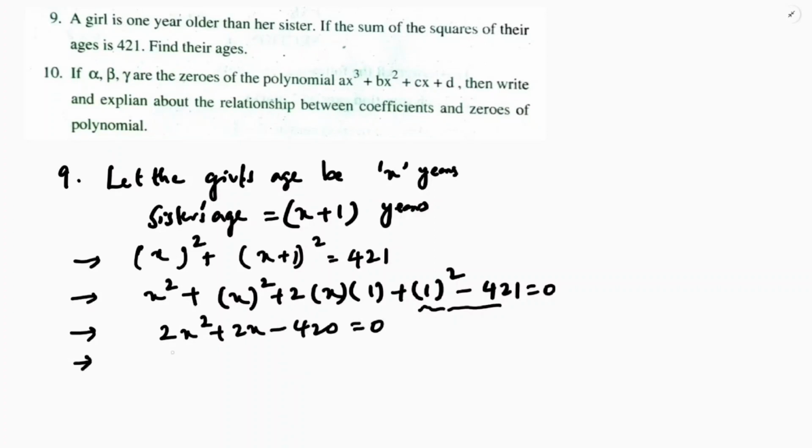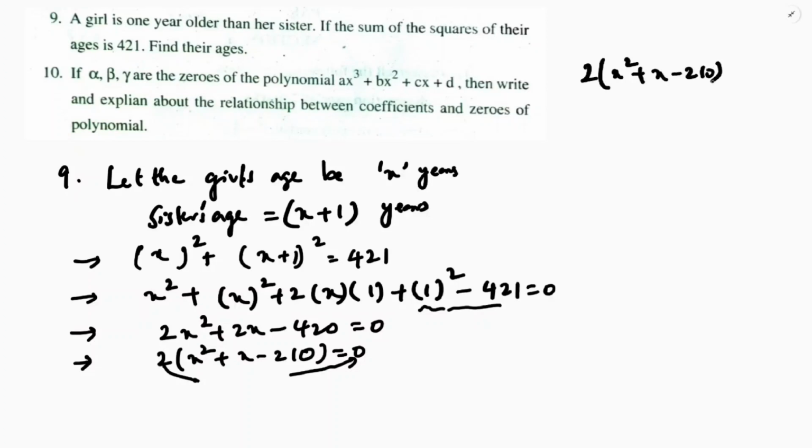So here next, 2 if we take common, X square plus X minus 210 equals 0. If we transpose this 2 towards right side, 0 by 2. So X square plus X minus 210 is 0 by 2, which is nothing but 0.